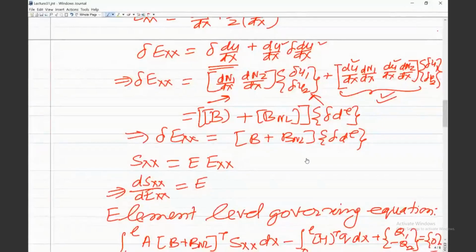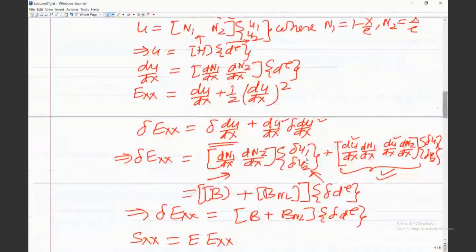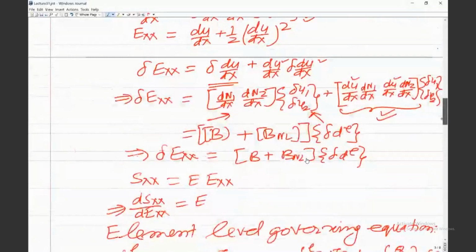Instead of a row, it will become a column vector, and then this du by dx we take on the right hand side. So we will have column dN1 by dx, dN2 by dx into du by dx, and then du by dx we write as the derivatives of the shape functions dN1 by dx and dN2 by dx into delta d. So that is how we are going to write that term.